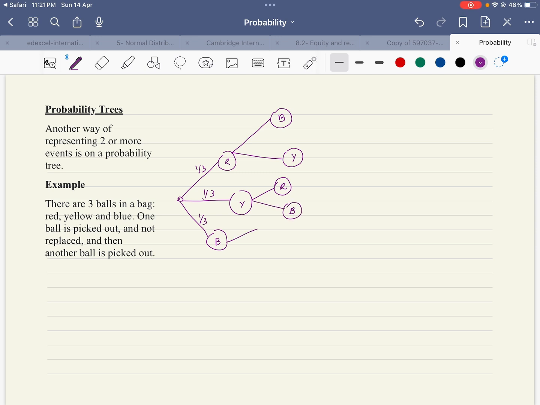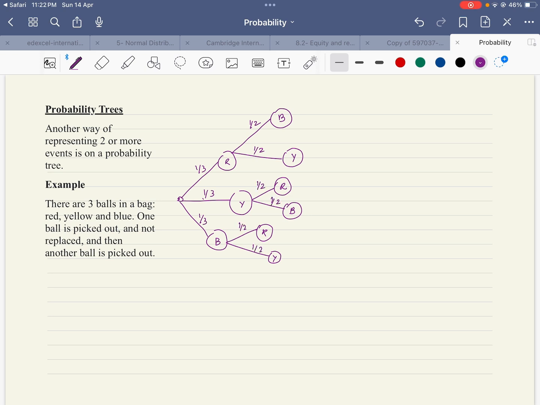If you have picked the blue ball, then on the second pick you will either pick the red ball or the yellow ball. Chances of both of them will be 50-50. 0.5, 0.5 or 1 upon 2. Let's make it 1 upon 2 because these are 2 balls. Right? 1 upon 2, 1 upon 2.